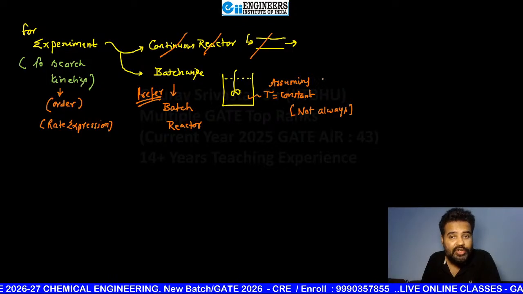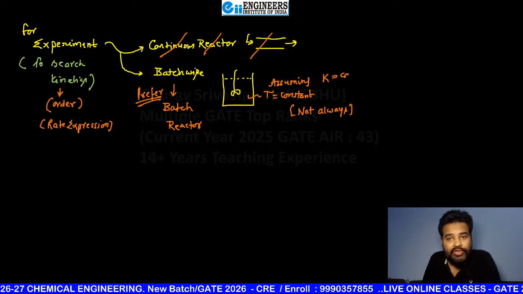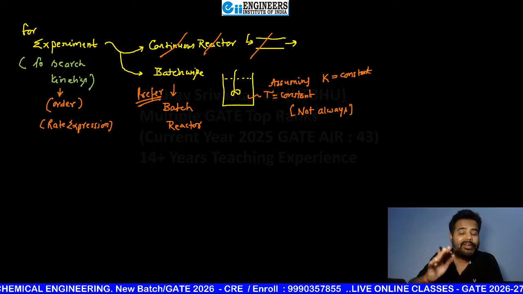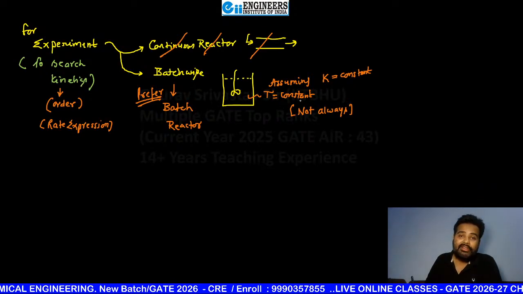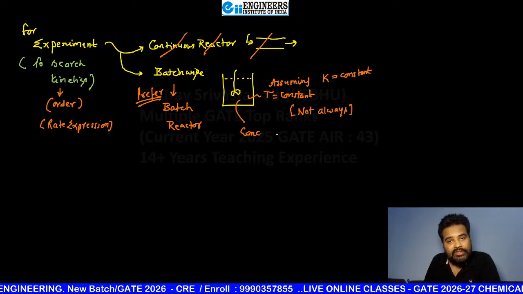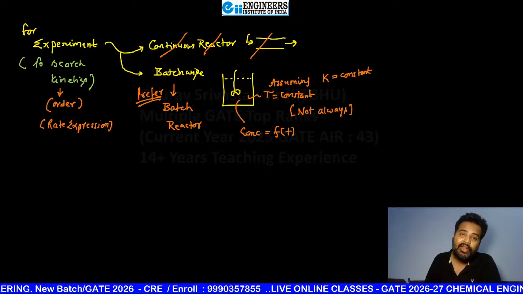If temperature is constant, then k is also a constant, because k is a function of temperature and temperature is not changing. The only thing we are allowing to change is concentration. Here concentration is a function of time.